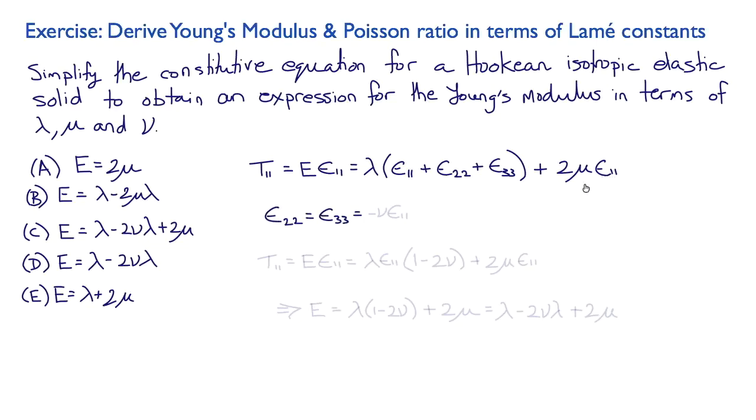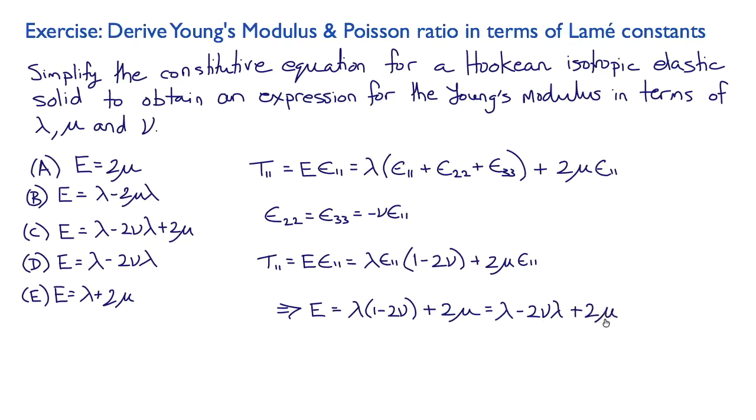Now, making use of the definition of the Poisson ratio, namely that E22 and E33 in this case are equal to minus nu times E11, then we get that E times epsilon 11 is lambda times epsilon 11 times (1 minus 2 nu) plus 2 mu times epsilon 11. Now we can cancel epsilon 11 on both sides and get that E is equal to lambda times (1 minus 2 nu) plus 2 mu, or lambda minus 2 nu lambda plus 2 mu, which is answer C.